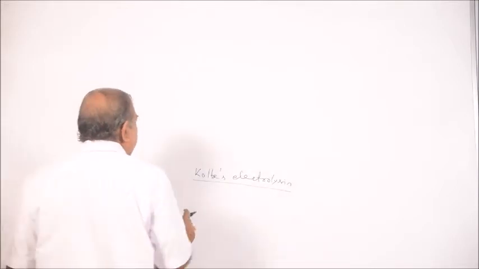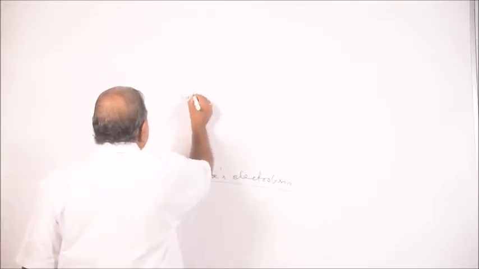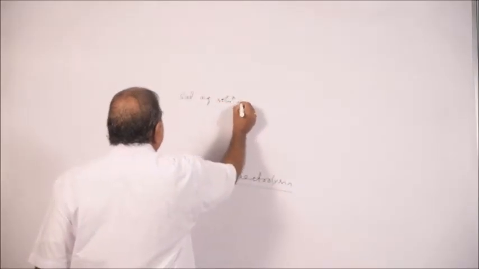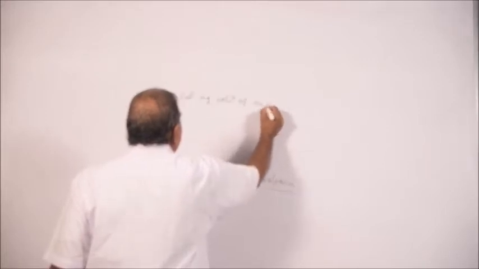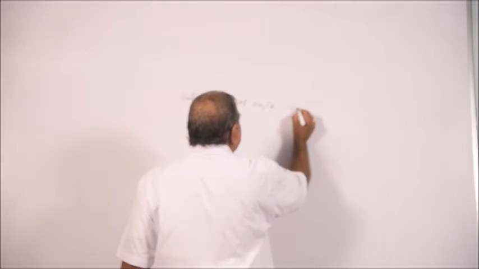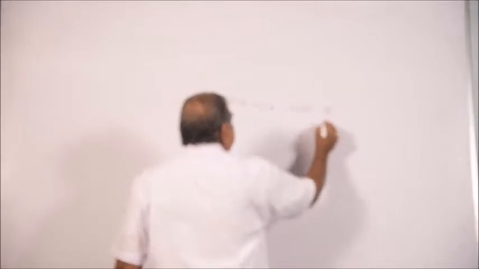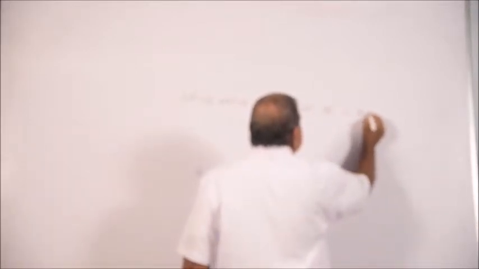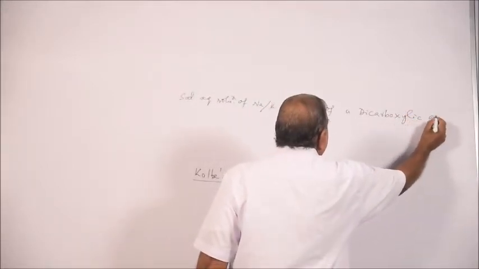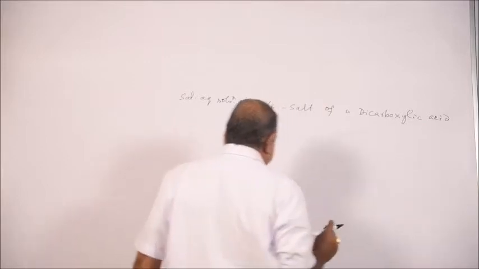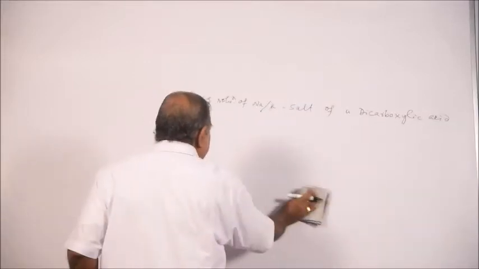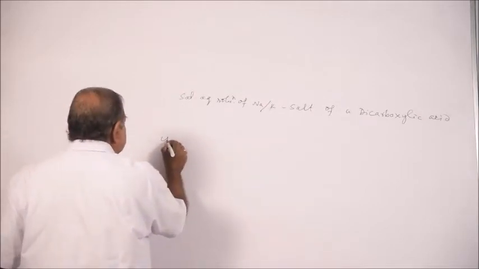For preparation of alkene, when you take a saturated aqueous solution of either sodium or potassium salt of a dicarboxylic acid, on electrolysis it gives alkene.